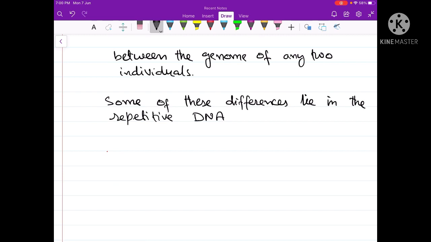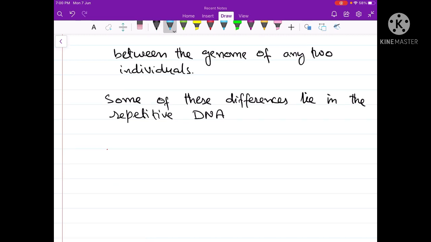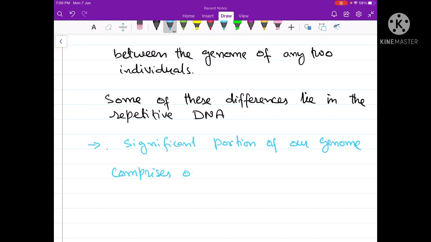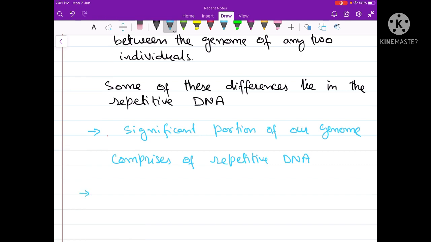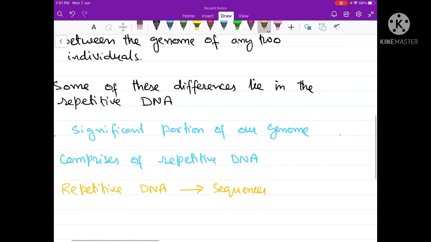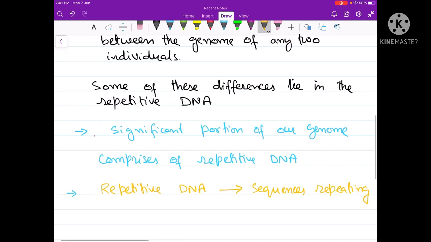Now what is repetitive DNA? We know that a significant portion of our genome comprises this repetitive DNA. Repetitive DNA consists of sequences that are repeated many times.